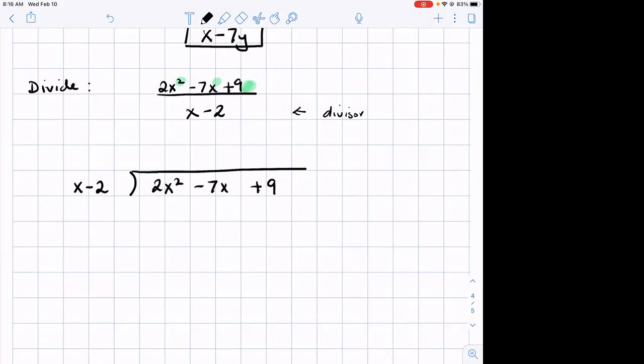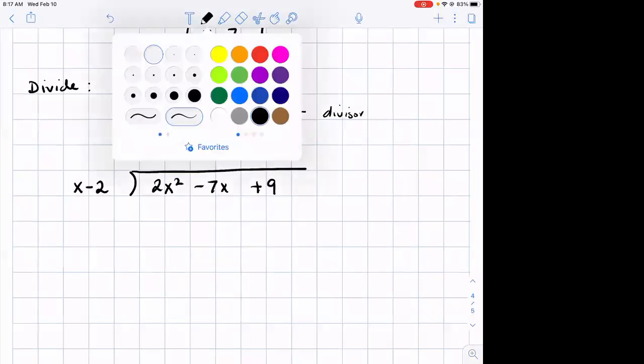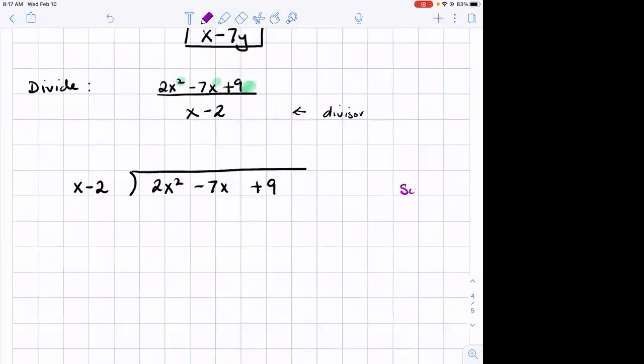So here is what I would suggest. There are many ways to explain this, but I think we'll go straight for maybe the easiest or shortest explanation. The first thing I'm going to do is some scrap work. I'm going to take the first term on the inside and the first term on the outside, and that's what I'll divide.